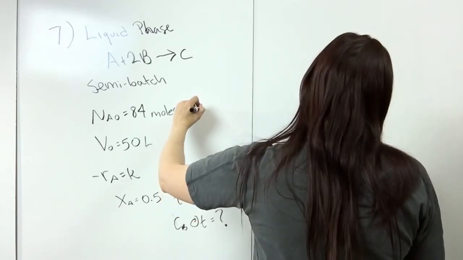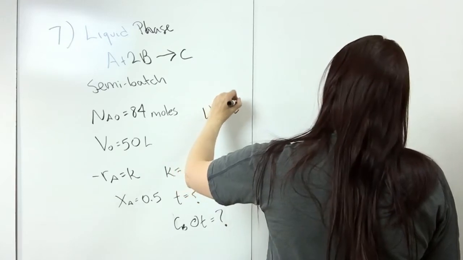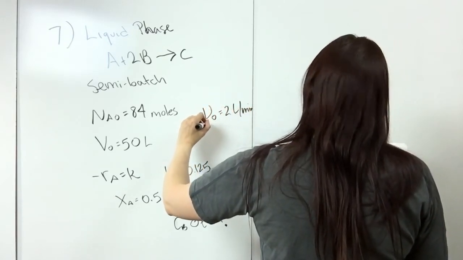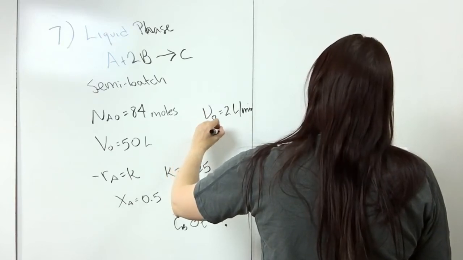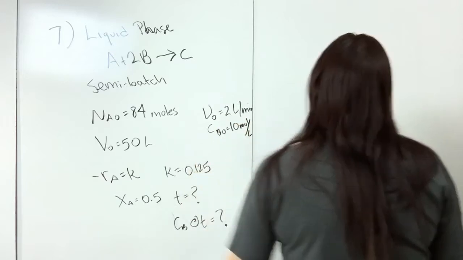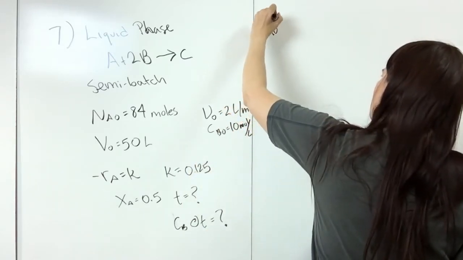B is fed at a volumetric flow rate of 2 liters per minute with an initial concentration of 10 moles per liter. First thing we want to do is a mole balance for batch reactor.